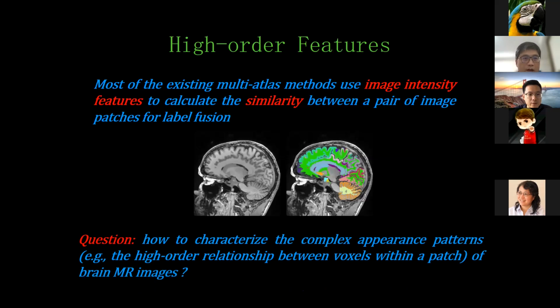Most of the existing multi-atlas methods use image intensity features to calculate the similarity between a pair of image patches for the label fusion. So the question is how to characterize the complex patterns of brain MR images.